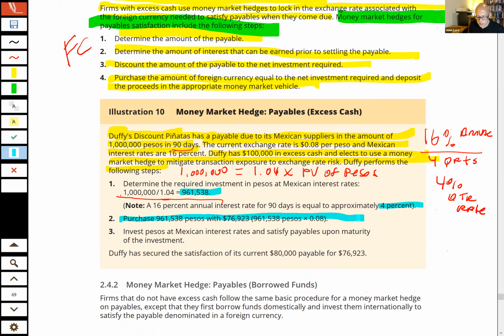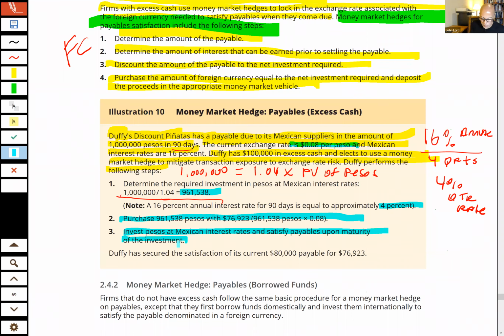I have excess cash because the exchange rate is 8 cents per peso. If I need 961,538 pesos to invest to grow to the million, then I have to cough up $76,923. And then I invest the pesos, and then I have the 1,000,000 pesos.